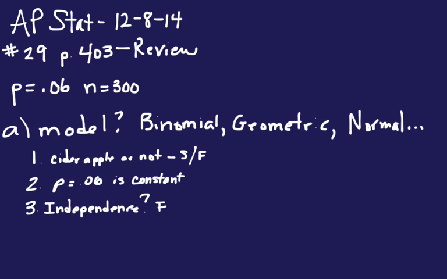Because we're using a finite population, meaning that it's not infinite, we're going to have to check the 10% condition. Otherwise, whether an apple is a cider apple or not, one apple's result isn't going to affect another apple's result, so the potential to be independent is there. We just need to make sure that our sample is small enough so that we don't have more than 10% of the population.